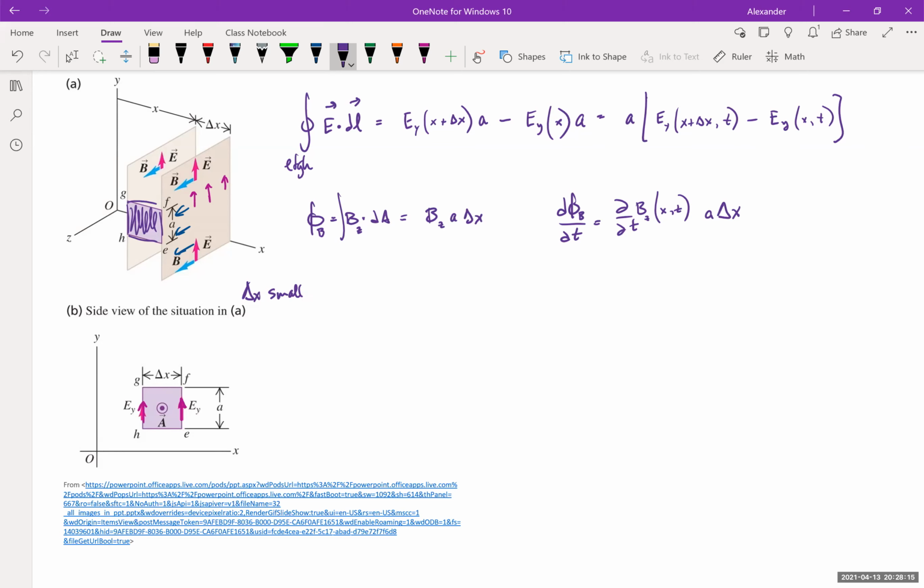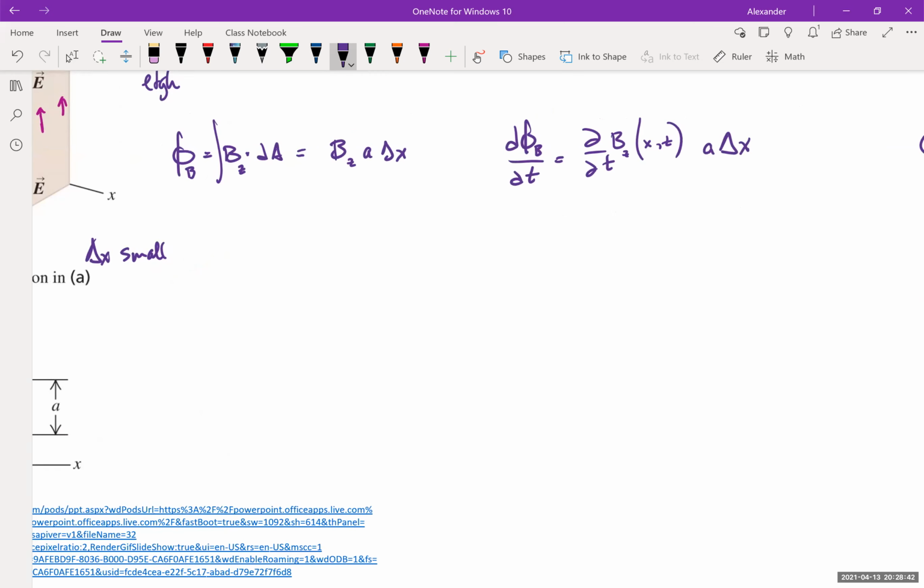So, speaking of Faraday's law, equation 1 and equation 2 are equal. Two with a minus sign. Whoa.